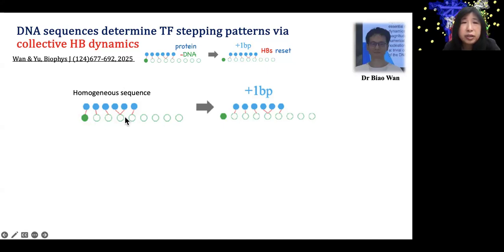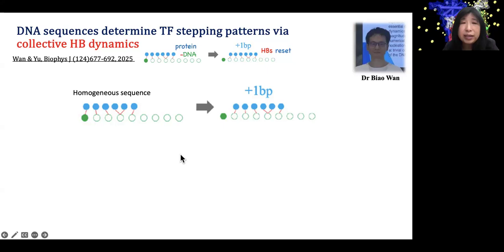On a homogeneous sequence, we can imagine the hydrogen bond pattern initially forming sort of like a tiny X shape. In the beginning, they form this configuration. If all of them move and recover the same configuration, we define that as moving one base pair distance.